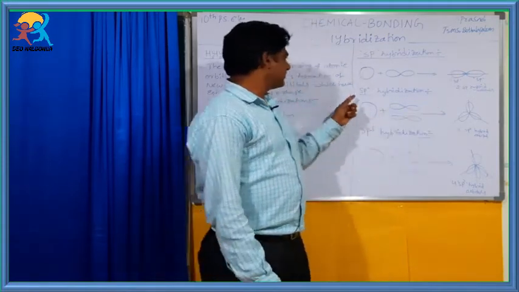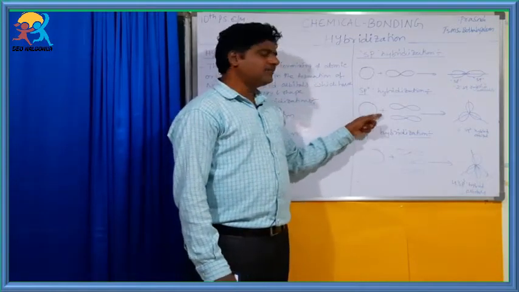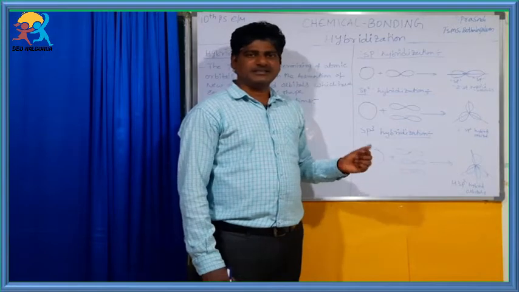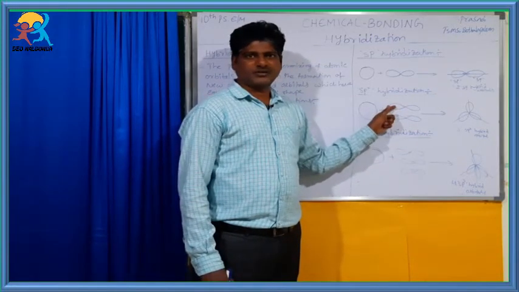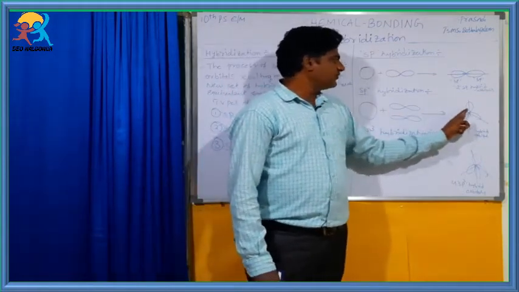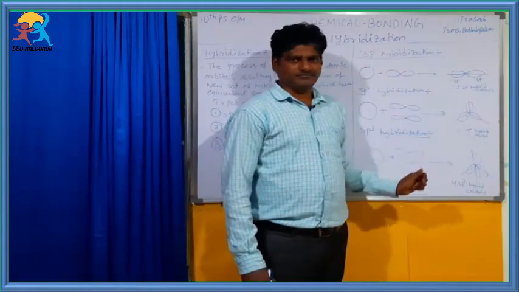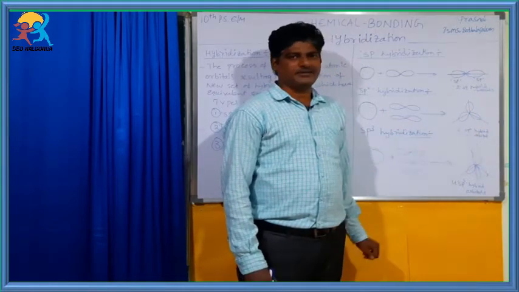Next, sp2 hybridization means if one s orbital intermixes with two p orbitals, then three new orbitals will be formed. These hybrid orbitals are called sp2 hybrid orbitals.